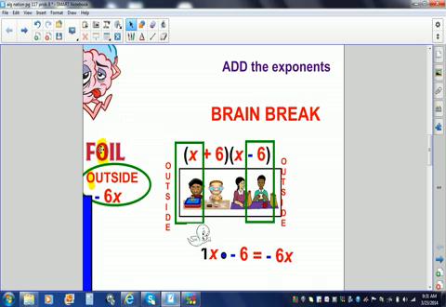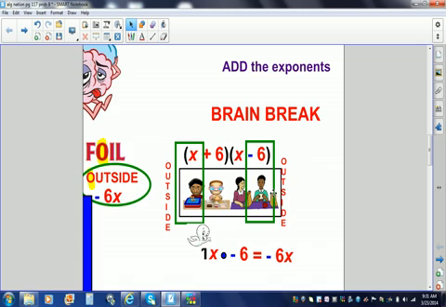Now we will do the O. O stands for outside. So here's my problem, x plus 6 parentheses x minus 6. Notice the x is on the outside and the minus 6 is on the outside. So basically I'm pretending that all of these are sitting at a table in the cafeteria.